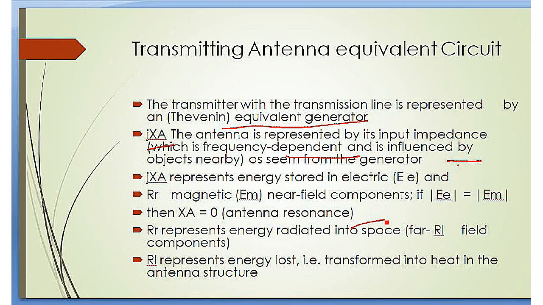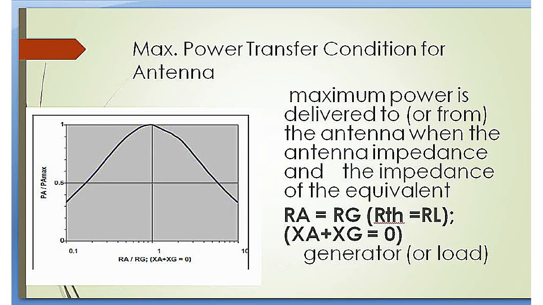Now what is the resonance condition? Resonance condition is when your RTH and your load resistors are both equal, then and only then the maximum power transfer condition can be achieved. So this is a maximum power transfer graph, generalized graph. For maximum power transfer theorem, RA is equal to RG. This is the first: antenna resistance is equal to load resistance or generator resistance.